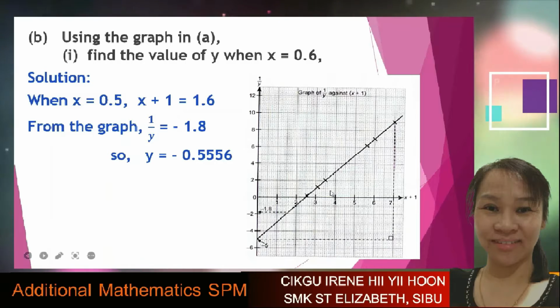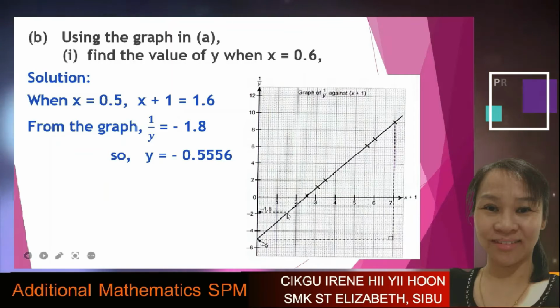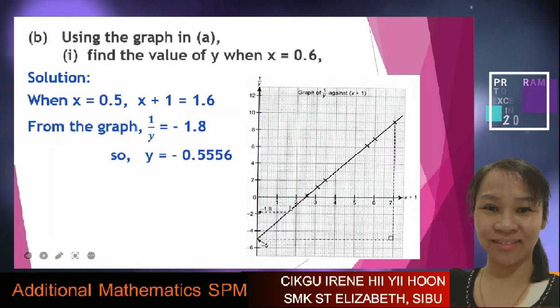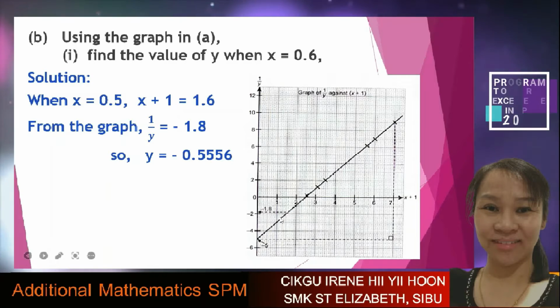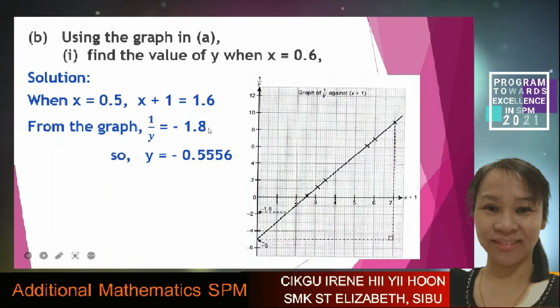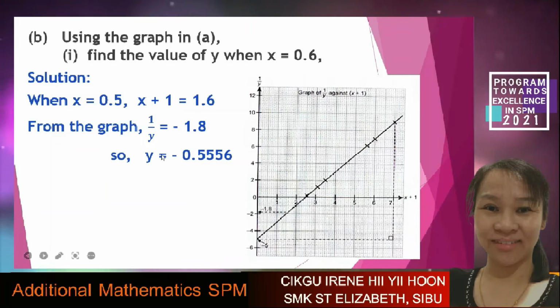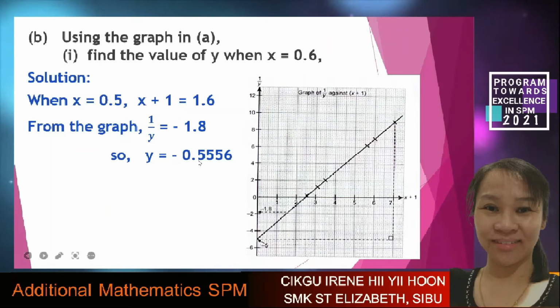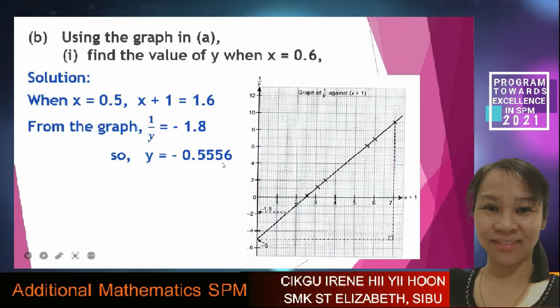So when x plus 1 is 1.6, the value of 1 over y is negative 1.8. Then the value of y equals negative 0.5556.